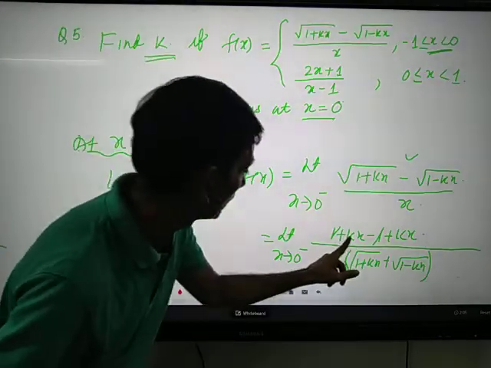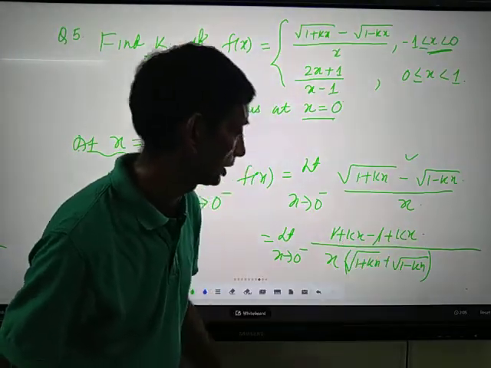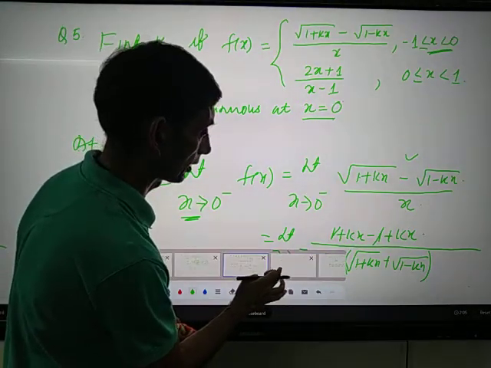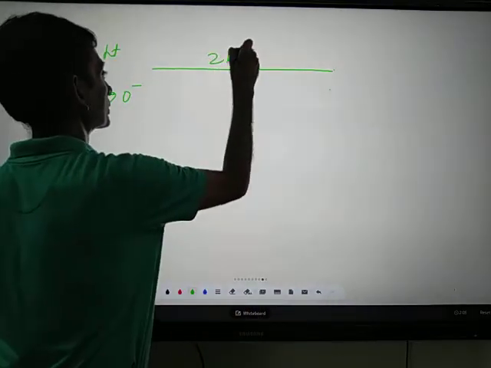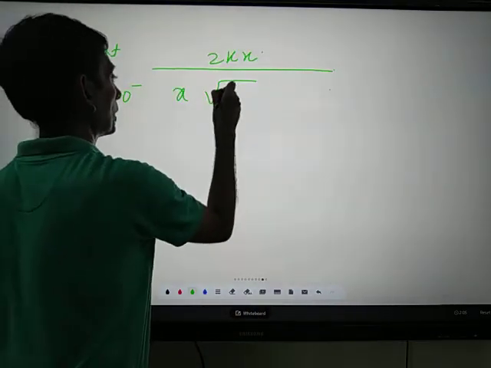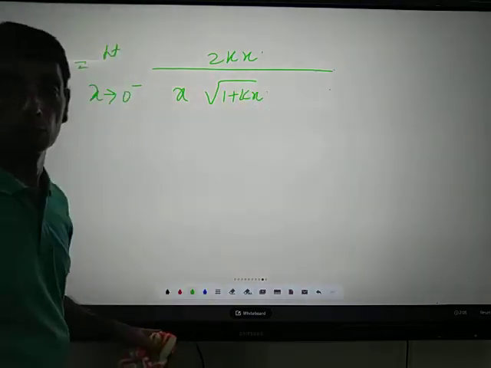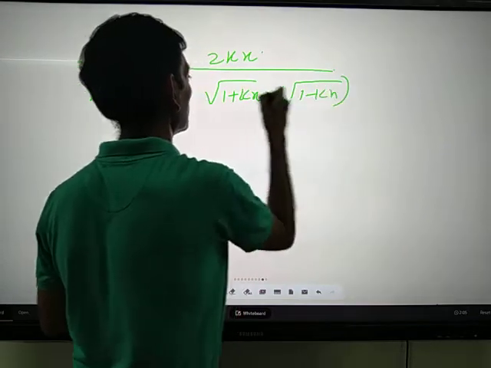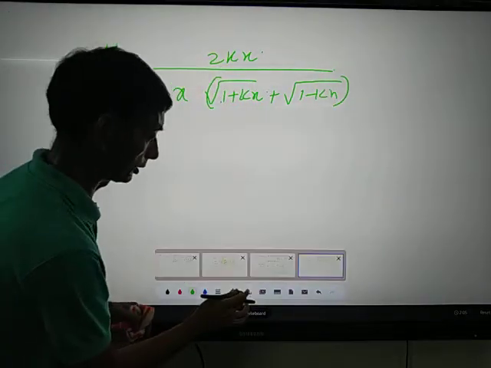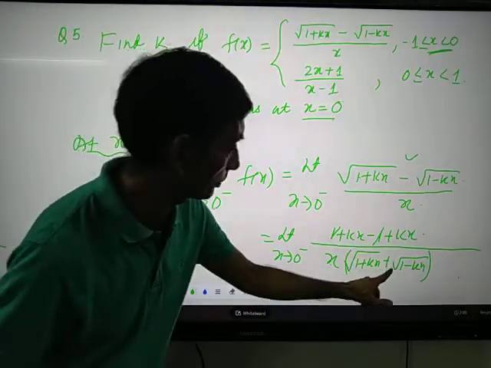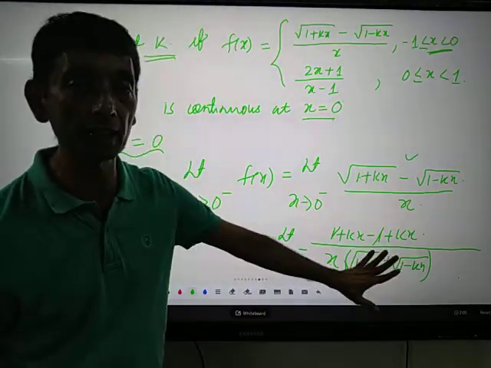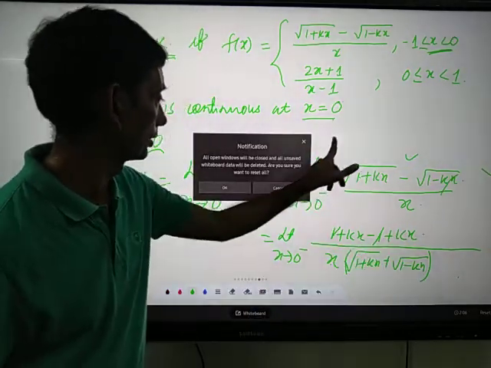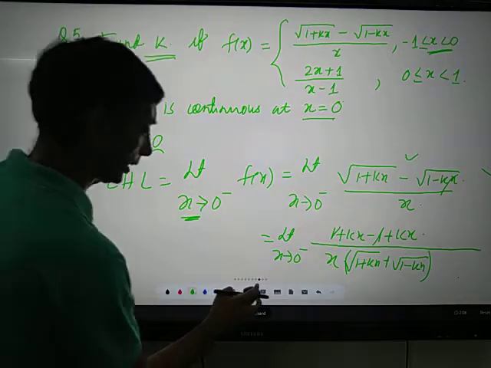What will be left in the numerator? kx plus kx, 2kx, and the denominator will be x times under root 1 plus kx plus under root 1 minus kx. This will be left out in the denominator. So the 1 cancels out, and kx plus kx is 2kx.